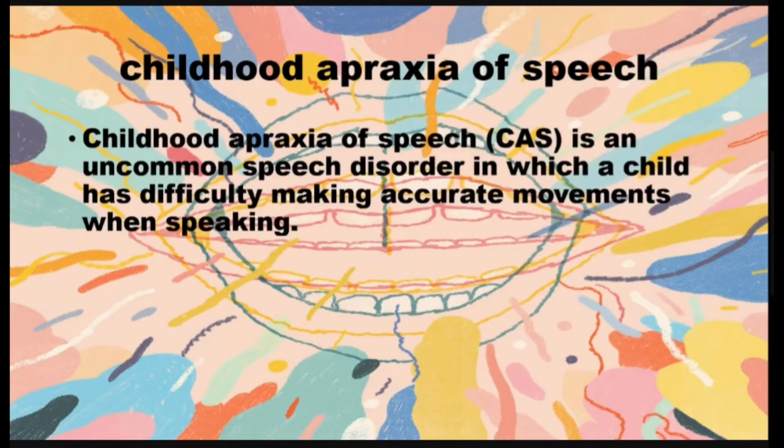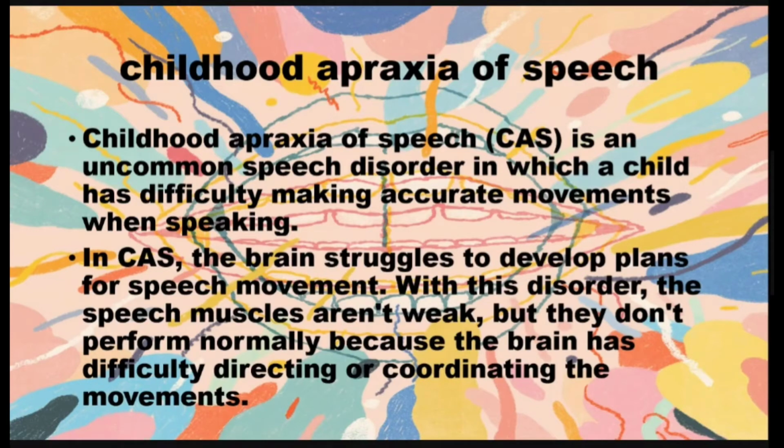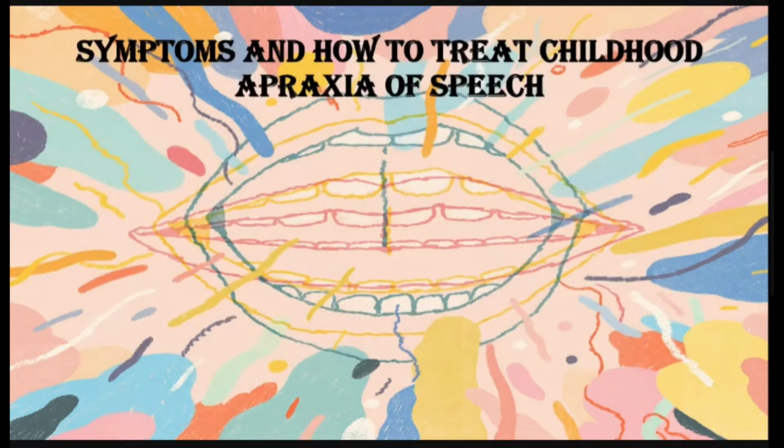Childhood apraxia of speech, or better known as CAS, is an uncommon speech disorder in which a child has difficulty making accurate movements when speaking. In CAS, the brain struggles to develop plans for speech movement. With this disorder, the speech muscles aren't weak, but they don't perform normally because the brain has difficulty directing or coordinating the movements.